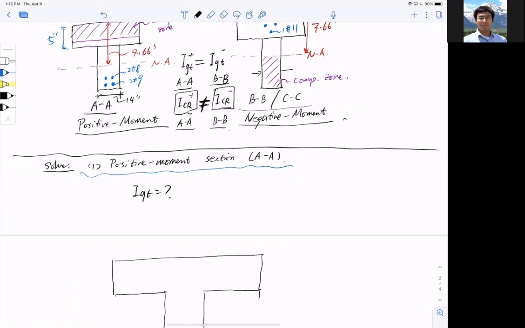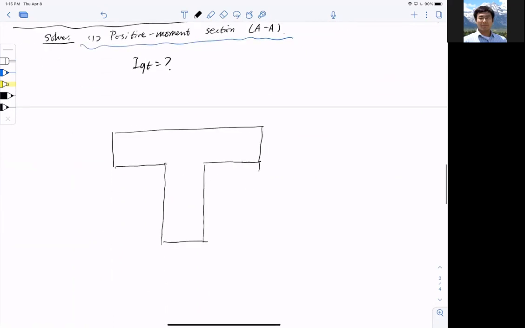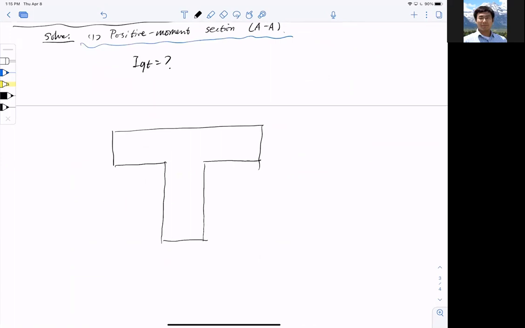So this is 14 inches for the web. Let's add more detail to the section, which is given from the problem: 75 inches of width, 5 inches of flange height, and the neutral axis is sitting right here. The distance between the top fiber and the neutral axis is 7.66 inches.